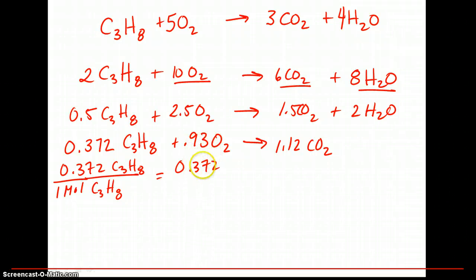Yeah, this one should be, my apologies, should be 1.86. I did a calculation mistake. And for this one here, I would take my 0.372, multiply it by 4 to get 1.49 H2O. Okay? So, this is the general gist of it.